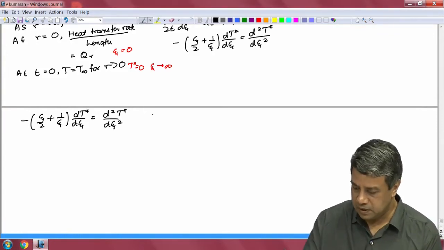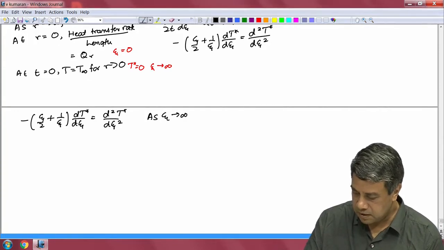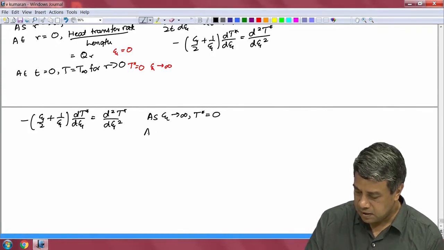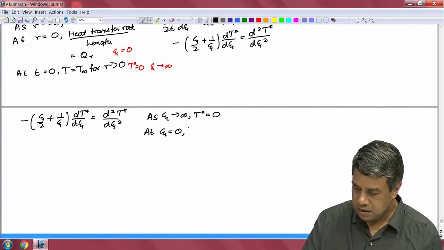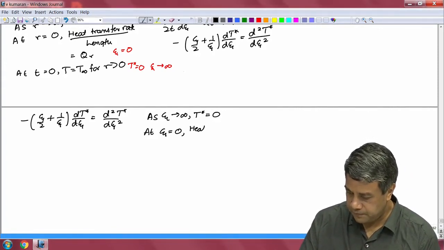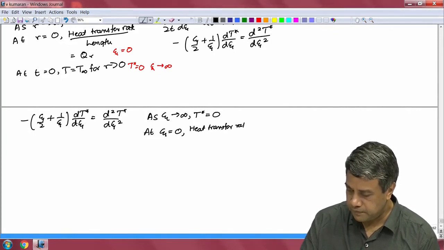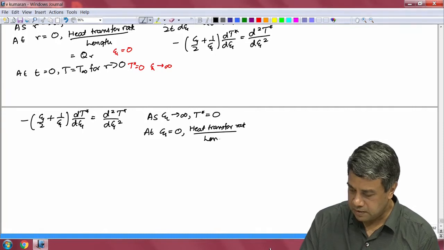And the boundary conditions are as psi goes to infinity, T star is equal to 0, as at psi is equal to 0, the total heat transfer rate per unit length is equal to Q.